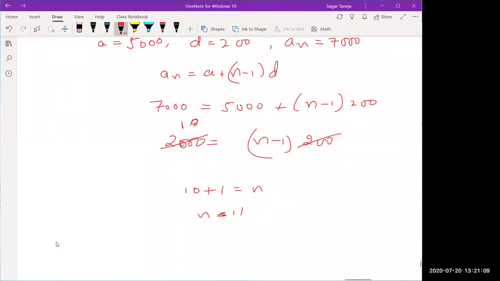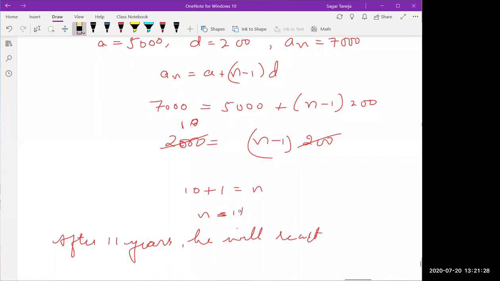It means after 11 years, he'll reach a salary of 7,000.